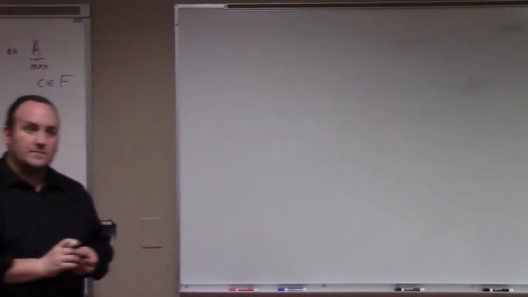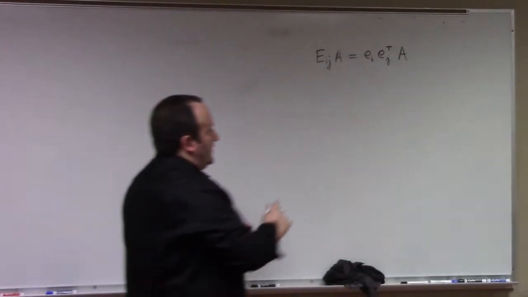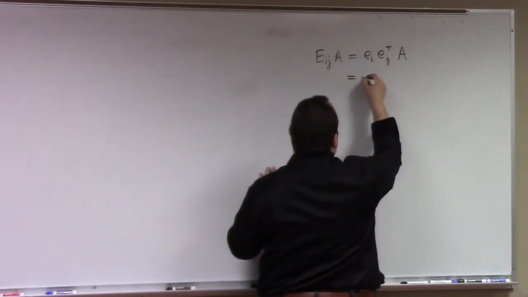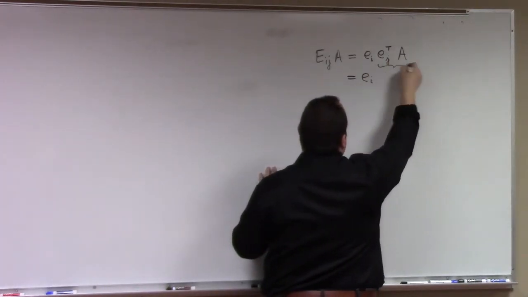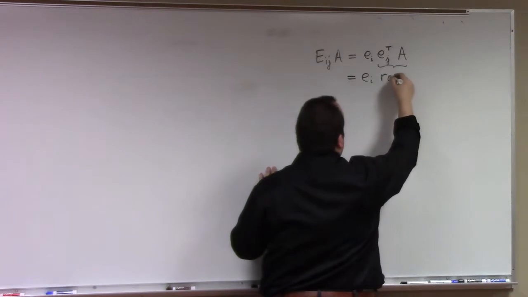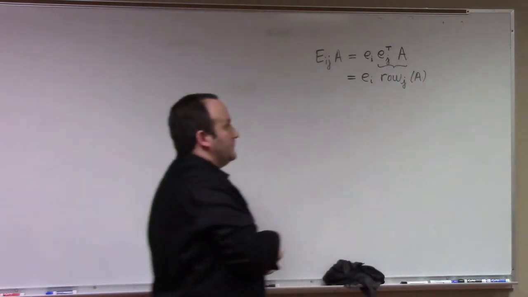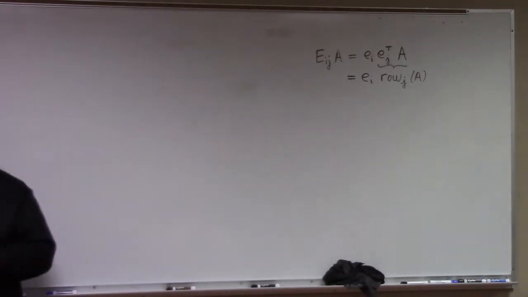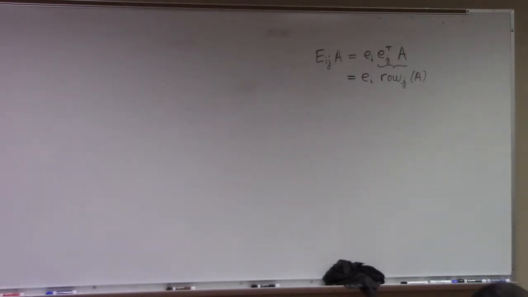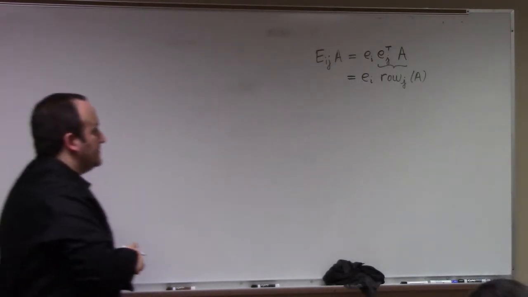And it's square, so it makes sense to use E for both. What is E_j transpose times A? That's row j, the jth row of A. So what is E_i times row j?